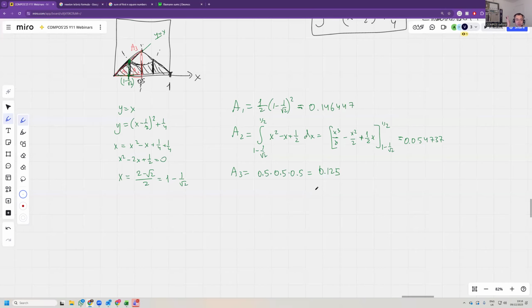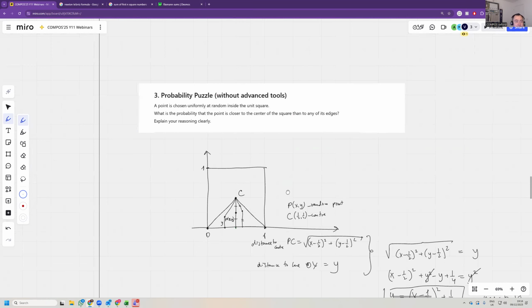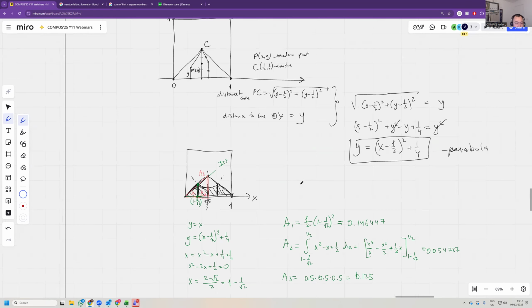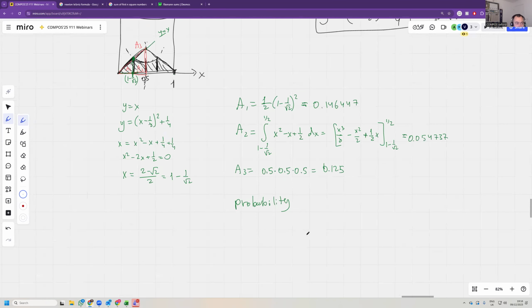And now finally the probability. If you shoot randomly at a square, the probability that it's closer to the center. What did it say? Closer to the center. So closer to the center, it's going to be (A3 minus A1 minus A2) divided by A3.